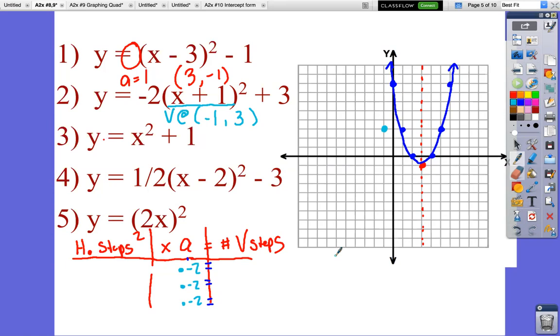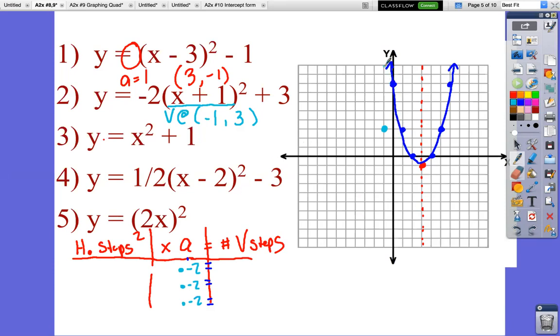It opens down. It has to open down because your A is negative. So again, before I do anything else, I know it's going to look something like this. But in math, we don't do something like this. We have to make sure it's exact. So everything else is exactly the same.